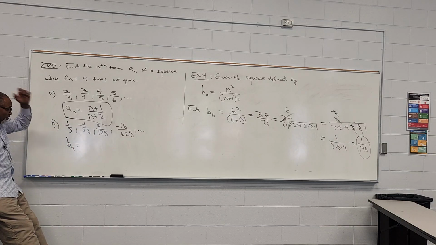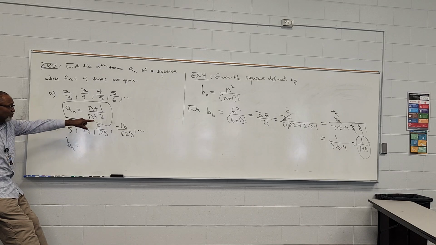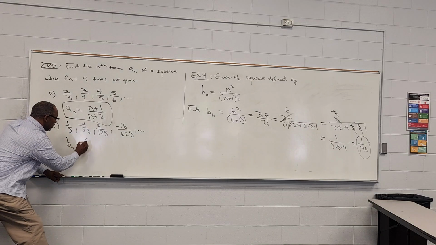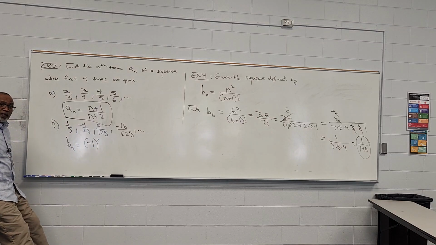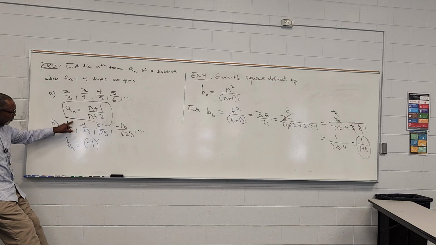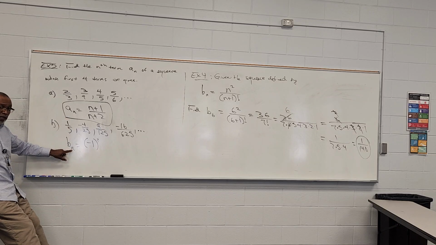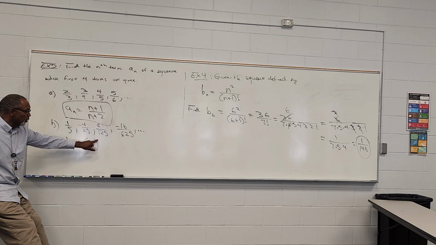The other thing I see here is that this is an alternating sequence. So positive, then a negative. Whenever you see an alternating sequence, that means negative 1 to some power, because negative 1 raised to odd powers gives you negatives, and negative 1 raised to an even power gives you a positive. When n is 1, the first term is positive, so this negative 1 has to be raised to an even exponent when n is 1.